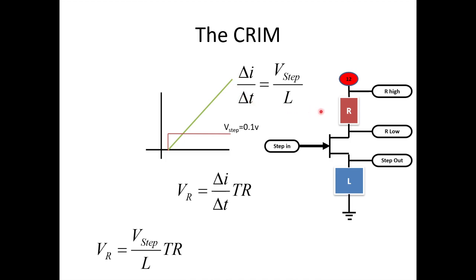Okay, now because we're going to measure this current ramp with a resistor, and because voltage is I times R, we're going to multiply this by the resistance, and that's going to give us a voltage across the resistor. And then what we can do is replace our delta I over delta t with V step over L, and this will then be our voltage ramp.